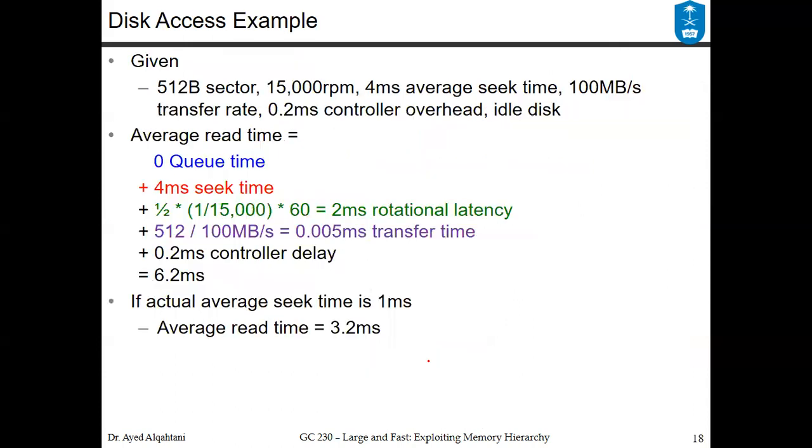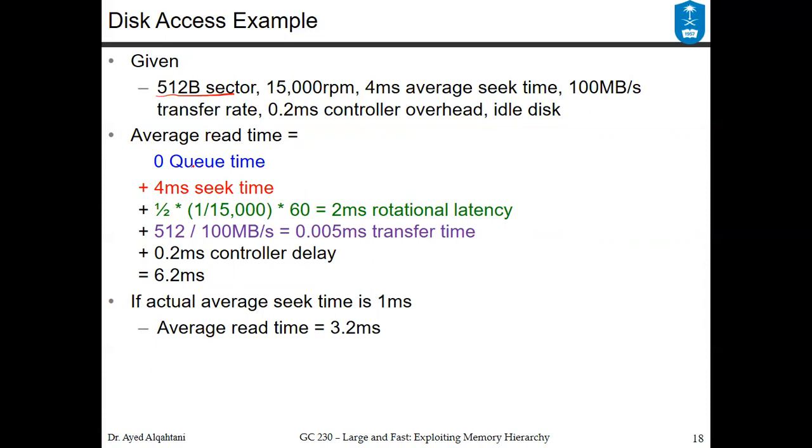Now, to understand this, here's an example. Given a 512 byte sector and 15,000 rounds per minute, a 4 millisecond average seek time, a 100 megabyte per second transfer rate, 0.2 millisecond controller overhead, and an idle disk. What is the average read time?